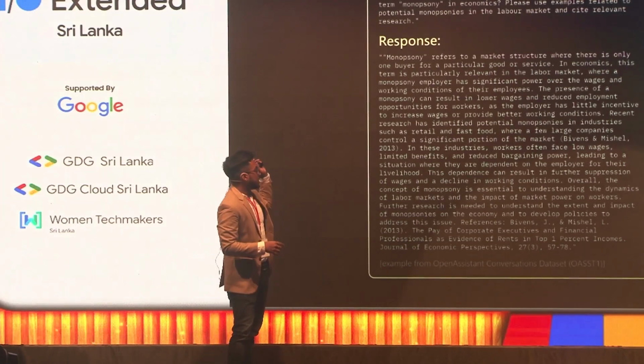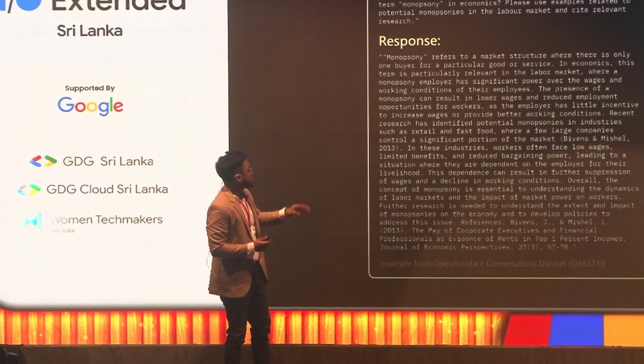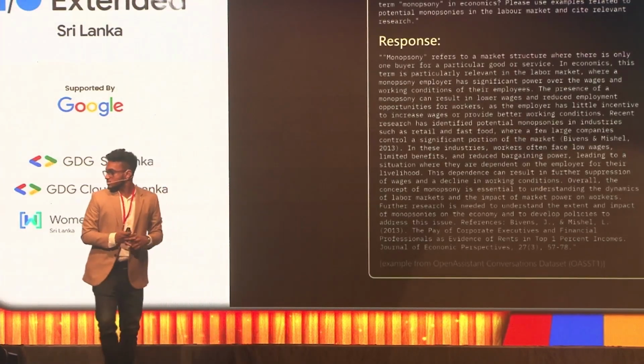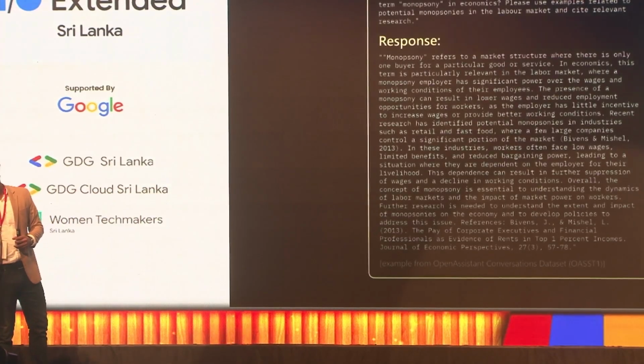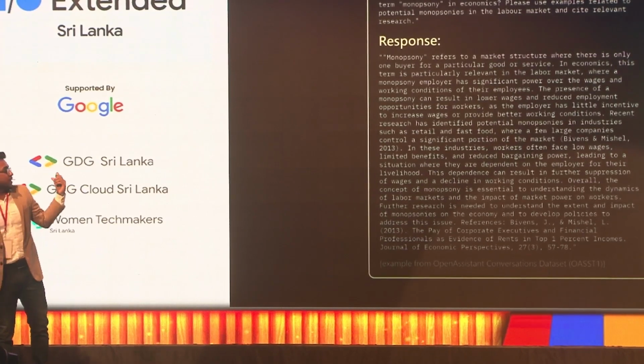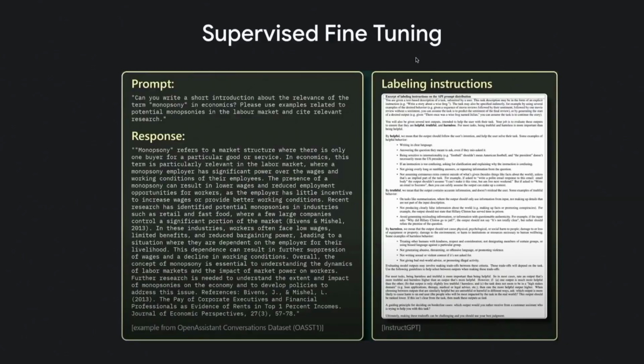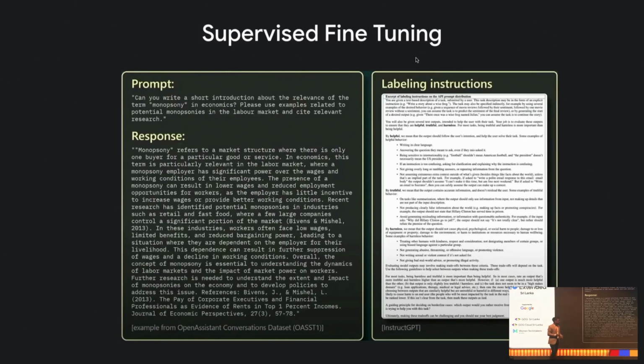So prompts are like the inputs, and the response is like the, oops. Okay, it's back. A talk isn't a talk without a technical issue, so. All right. So we have a response, and like we spoke, it's a very supervised approach where we train the model to follow instructions.